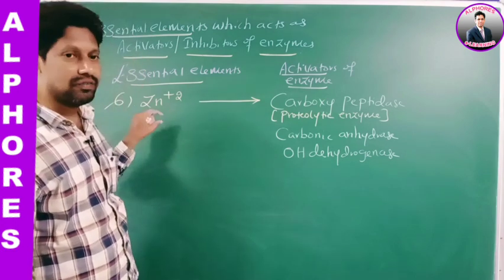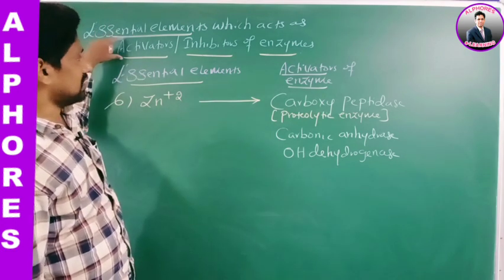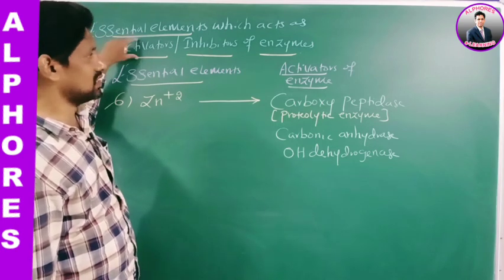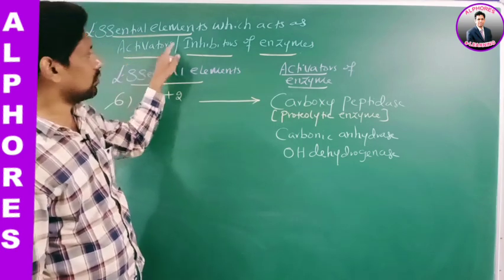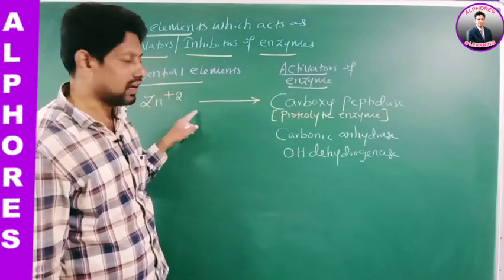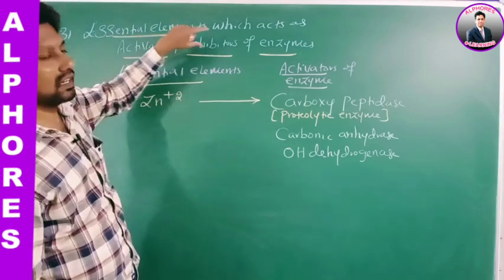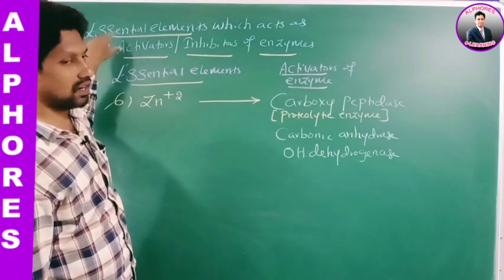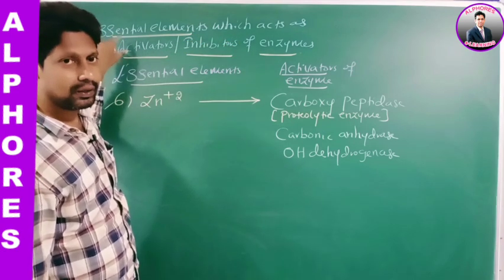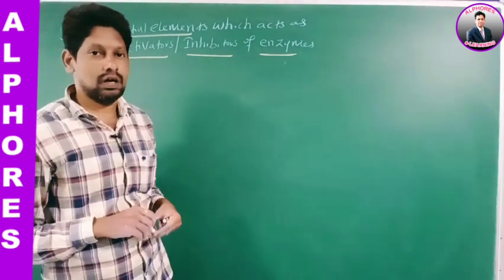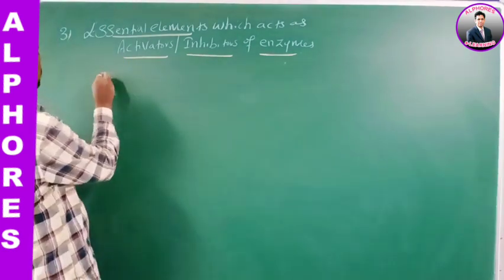Therefore, till now we discussed essential elements which act as activators of enzymes. Here we are not going to discuss the inhibitors, okay. Essential elements which act as activators or inhibitors of enzymes come under one group. Now listen to this statement.